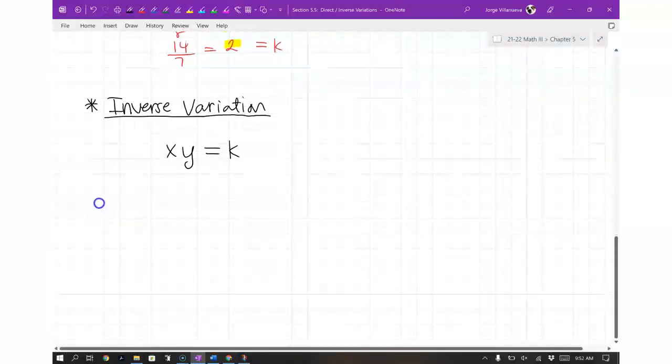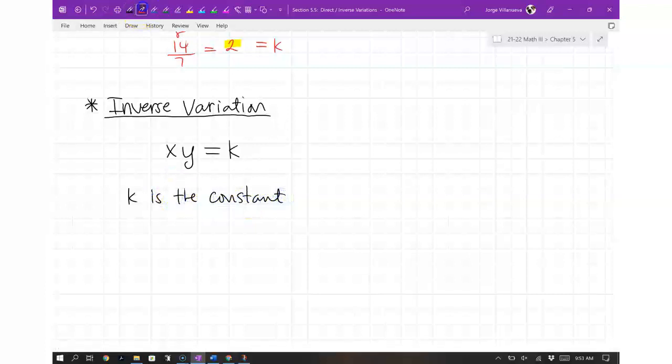So it's going to look something like that, xy equals k. Now, again, k is a constant. Let me just write this down really quick. K is the constant.